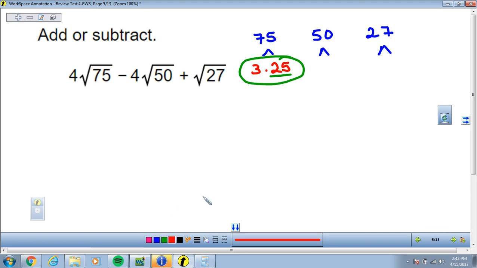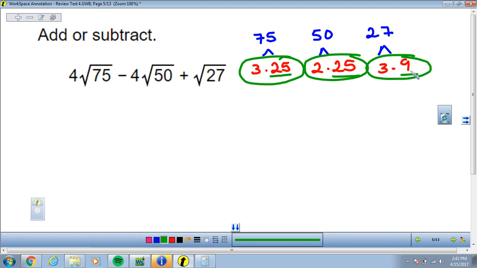So that's your perfect combination. 2 times 25, 25 has a perfect square root, while 2 does not. And for 27, 3 times 9, square root of 9 is perfect, it's 3, and 3 doesn't have a perfect square root.